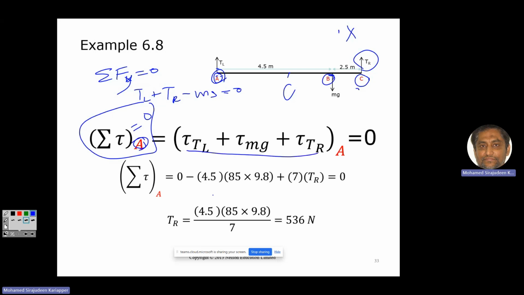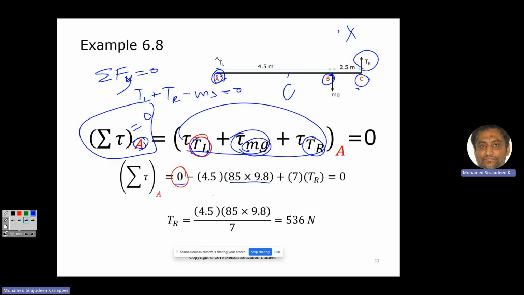So this is the net torque: torque from left tension, torque from mg, torque from TR equal to 0. So TL torque is 0, good. And mg will be 85 times 9.8, that is mg, and the R, because it is R times mg.